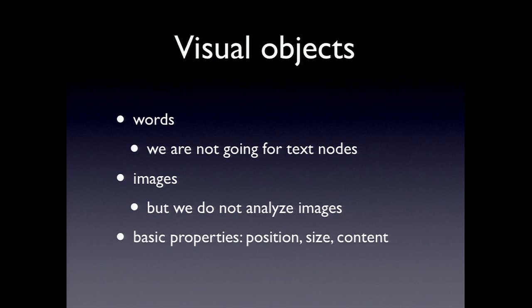And basically, we're extracting the basic properties of this, so position, sizes, content, all the usual stuff. And we also extract images, but we don't analyze images in detail, so we just extract plain images as black boxes. So now, how do we store it? Coming from the web area, it was natural for us to choose a semantic storage format, so basically RDF.